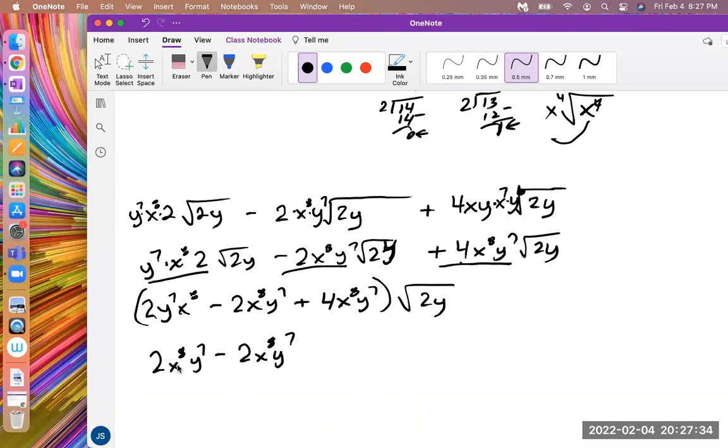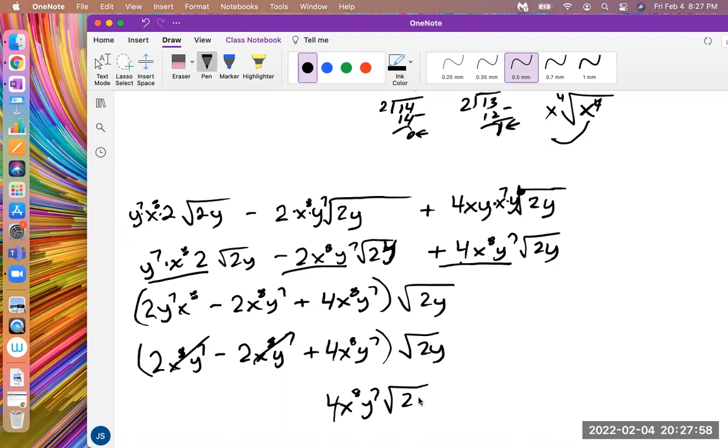So it's positive 2x to the 8th, y to the 7th, minus that exact same expression. So these just cancel, and I'm just left with this 4x to the 8th, y to the 7th in parentheses. And so my final answer is just 4x to the 8th, y to the 7th times the square root of 2y. And there we go.